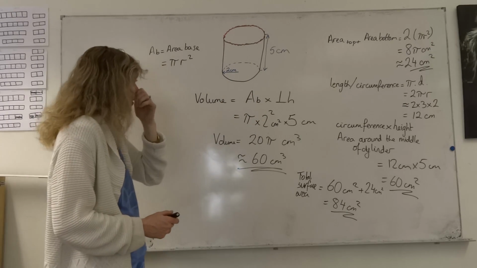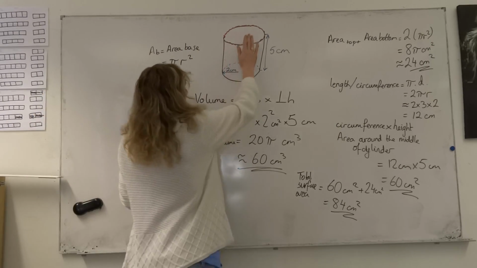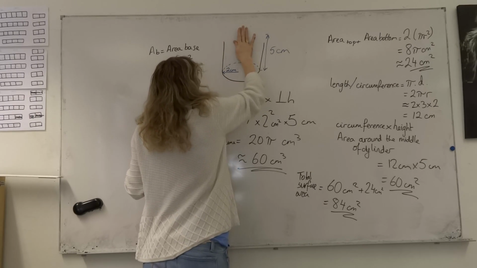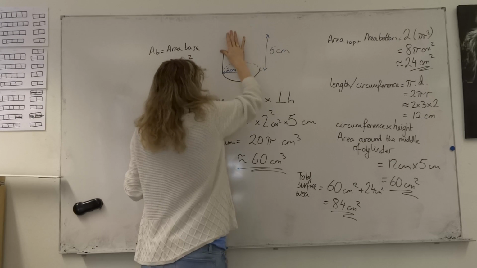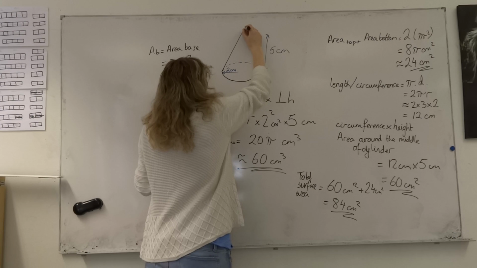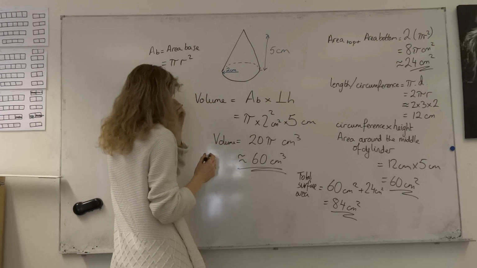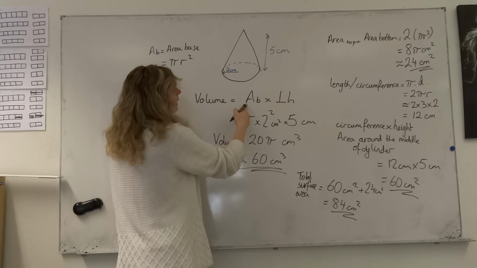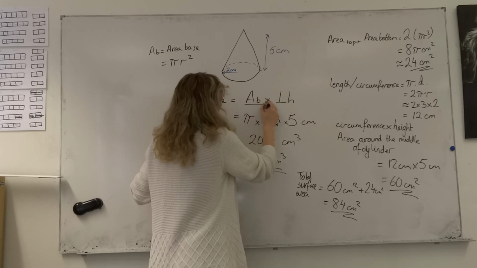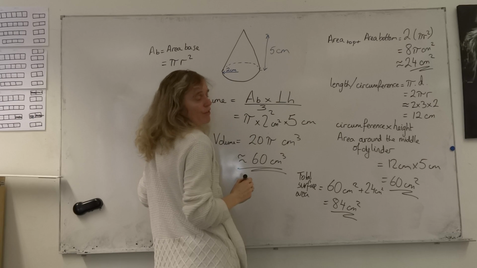If we were actually going to change this, instead of it being a cylinder, let's imagine that it was a cone instead. What would we do then? Actually very similar. We'd use almost the same formula for the volume. Let's just calculate the volume of a cone. It's the same formula, area of the base times the perpendicular height, but because it's a cone, it's only a third of the volume.